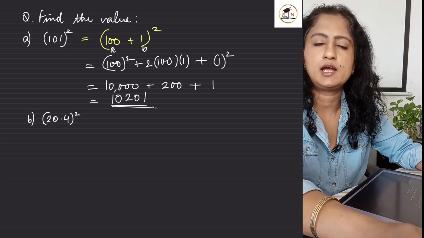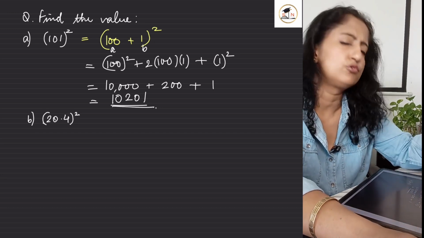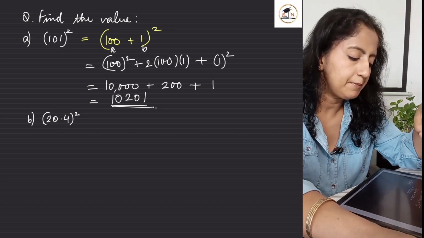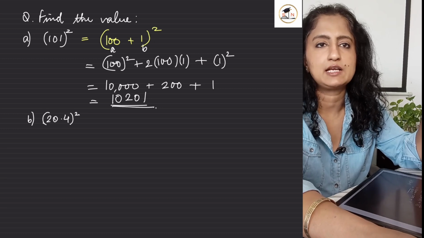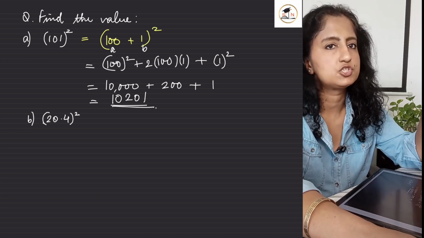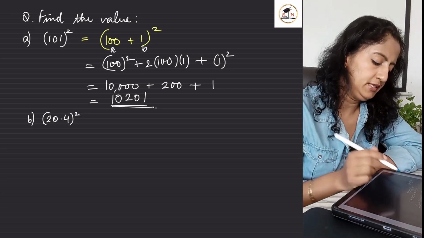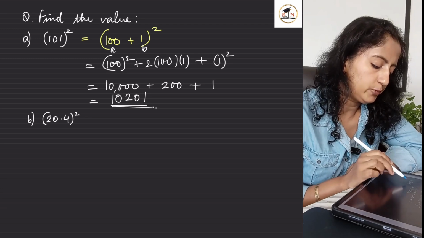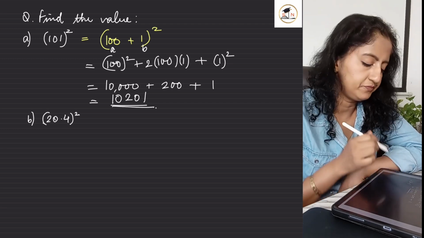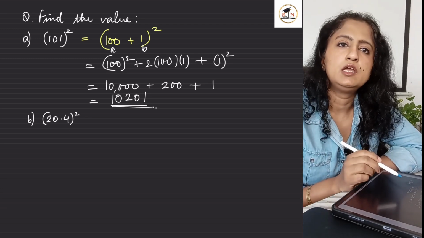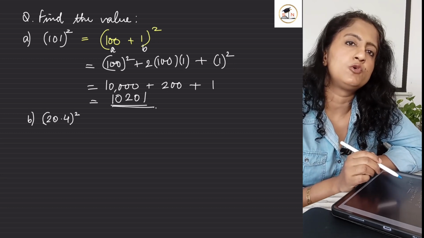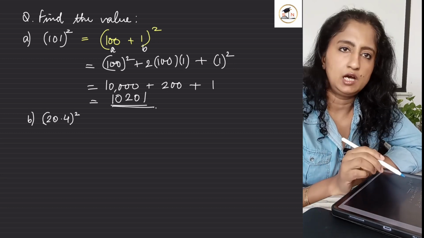See, the question was 101 square. I know every child, everyone gets scared when you have to do long multiplications. But applying the identity on such numbers actually makes it easier to solve. Okay. Now, the second part, 20.4 whole square. As I told in the previous one, we need to break the number closest to the tens or the hundreds.